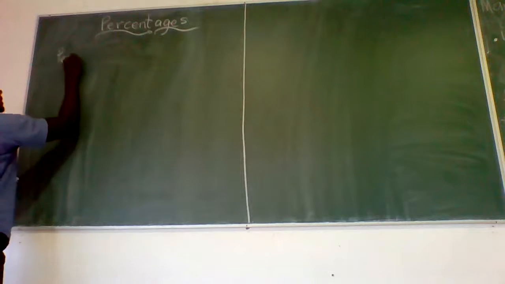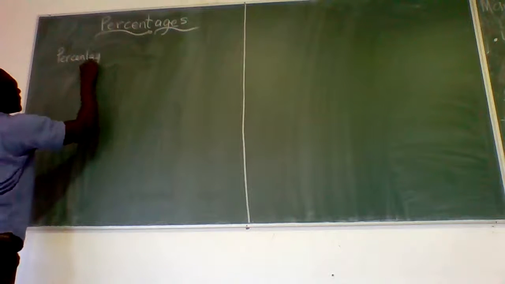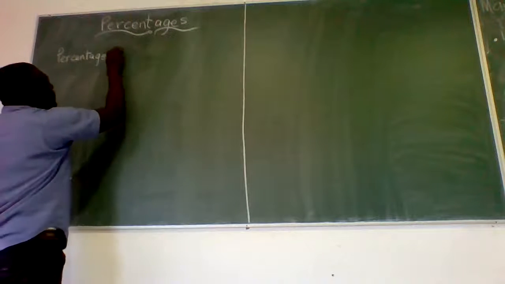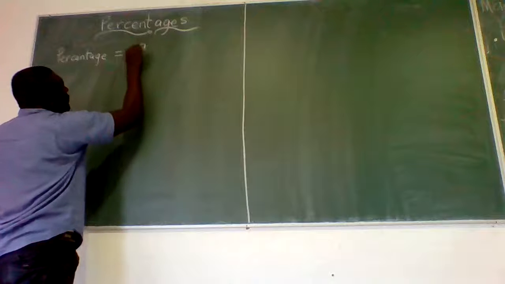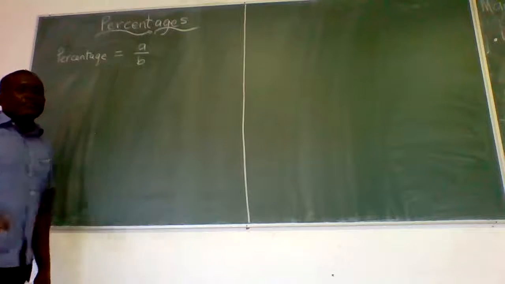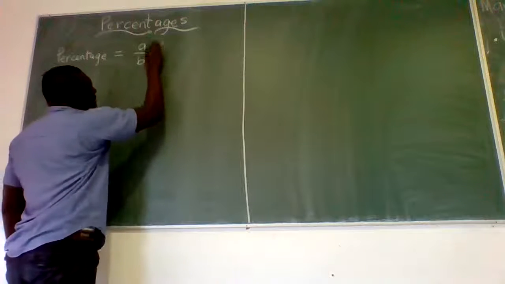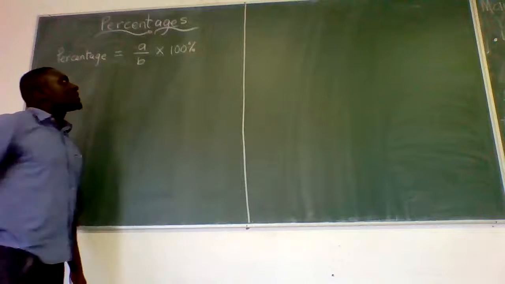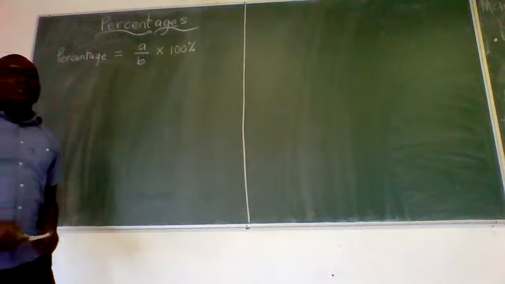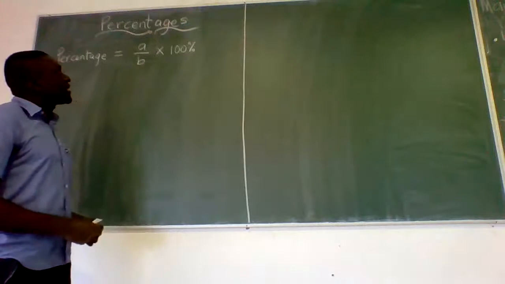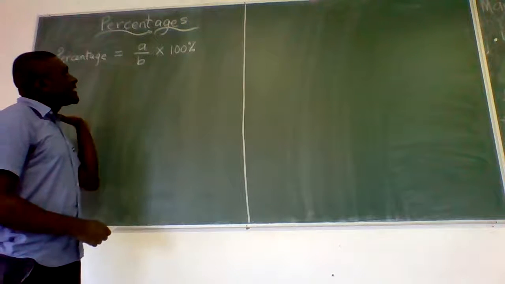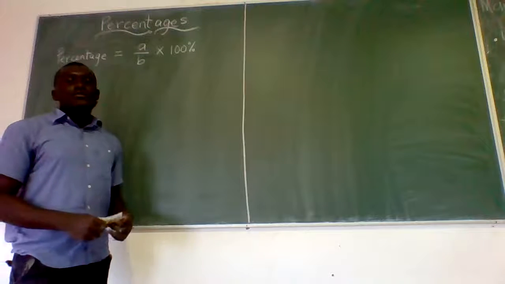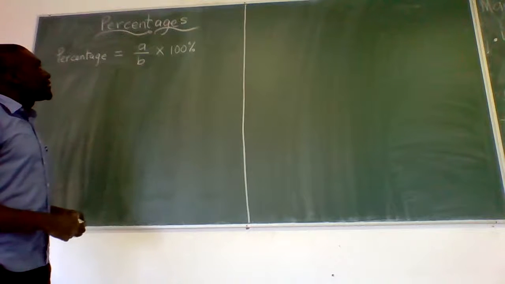If I want to find the percentage of something, it's always going to be a certain A over B, which is the fraction part, and then I multiply that by 100%, and then we get what we are looking for.